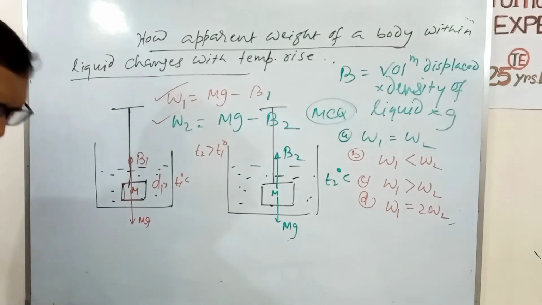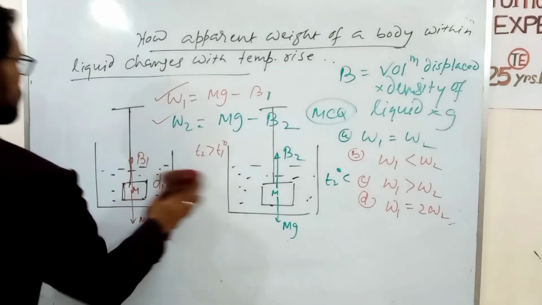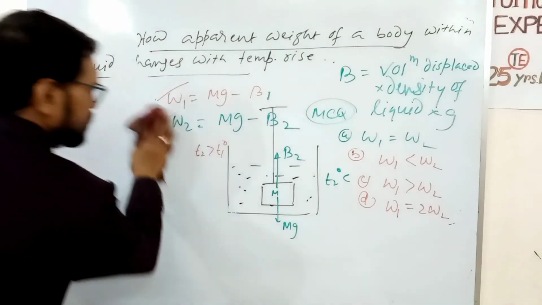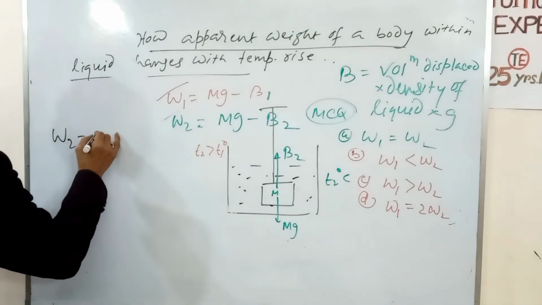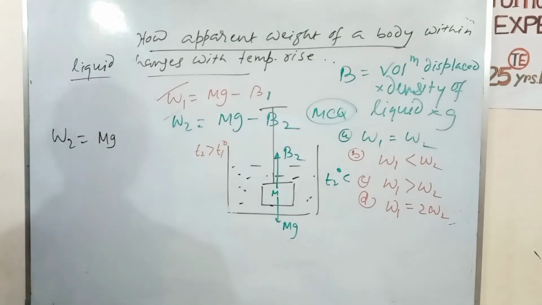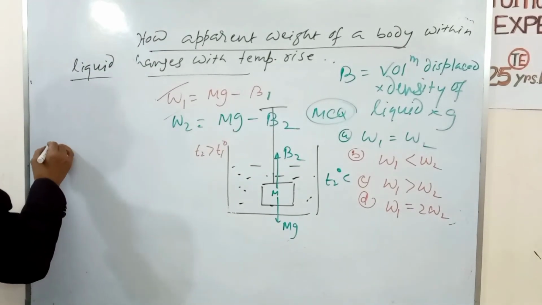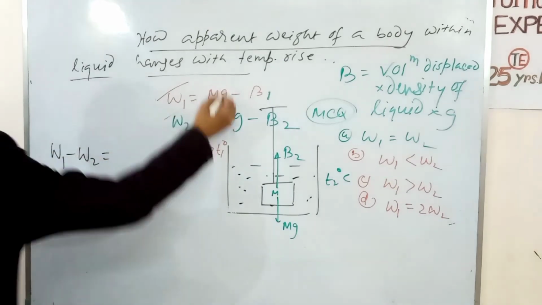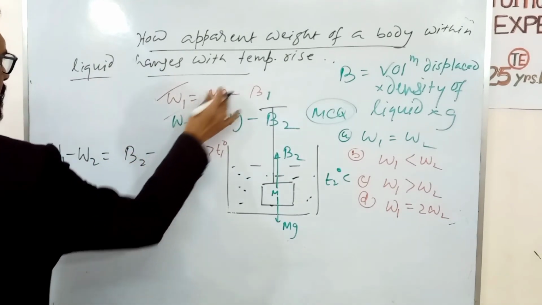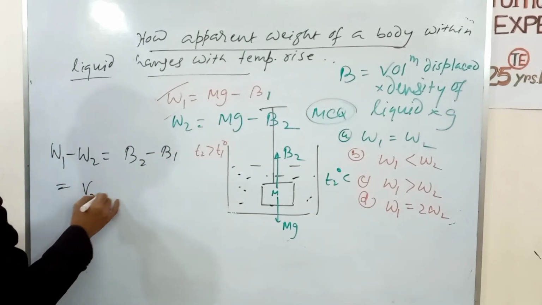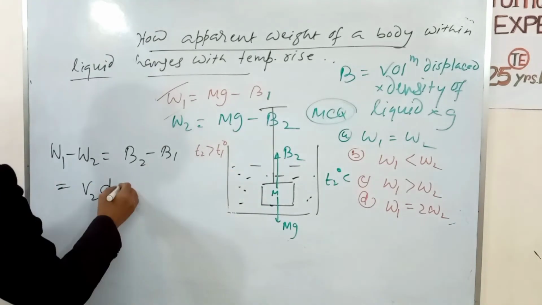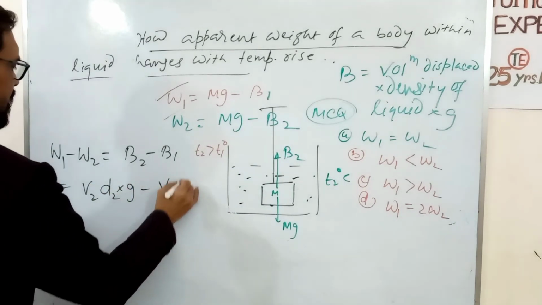W2 equals mg minus buoyancy force. So now W1 minus W2 equals B2 minus B1. Now B2 equals V2 D2 g, and B1 equals V1 D1 g.